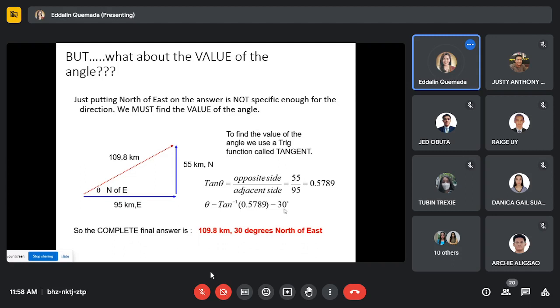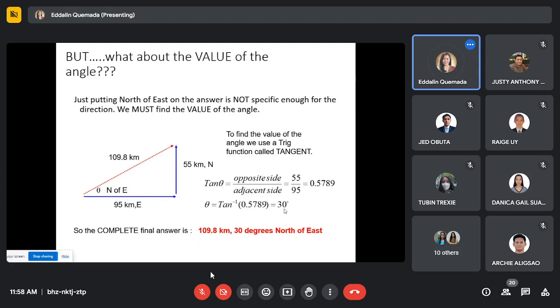We simply used the Pythagorean theorem because the given vectors are perpendicular to each other. Now, there is another method if we're given more than two vectors that are not perpendicular, oriented at a certain angle or crossing two axes. It is best to use the component method of vector addition.